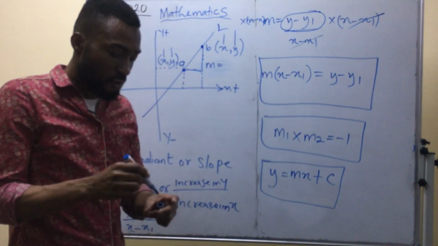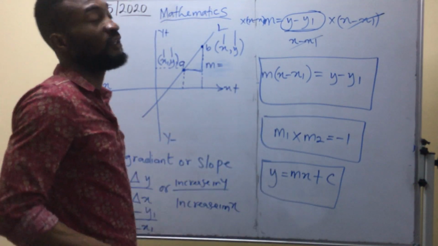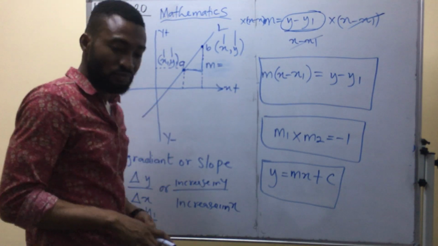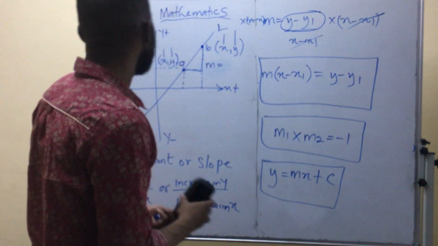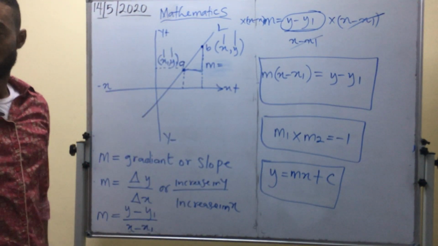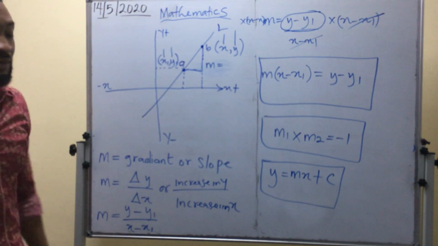These are the formulas we are going to use in solving equations on a straight line. So let me give you a brief example on how we are going to use the formulas.